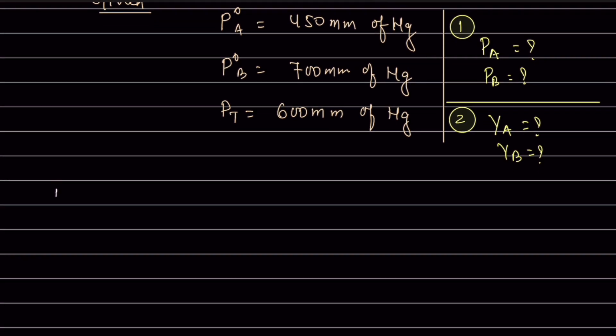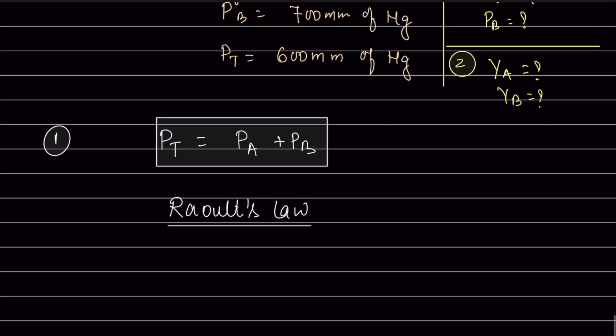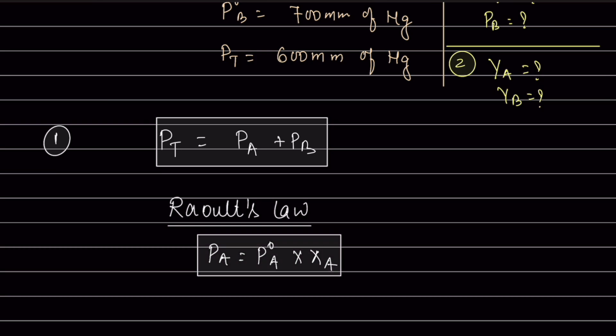So here in the first part, we know that total pressure is equal to Pa plus Pb. And if we use Raoult's law, we can write Pa is equal to P naught A into Xa. So according to the question, Pt is known, but we have to find the Pa and Pb.